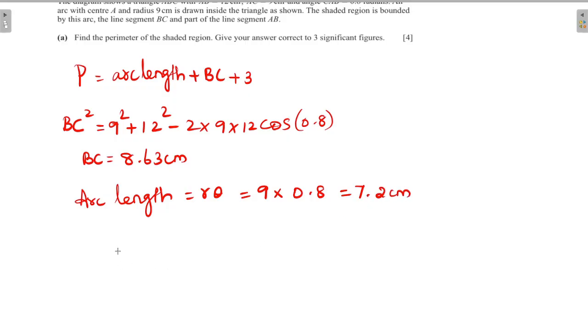So the perimeter of this shaded region is arc length 7.2 plus 8.63 plus 3. Let's write the answer to 3 significant figures. So the perimeter of the required shaded region is 18.8 centimeter.